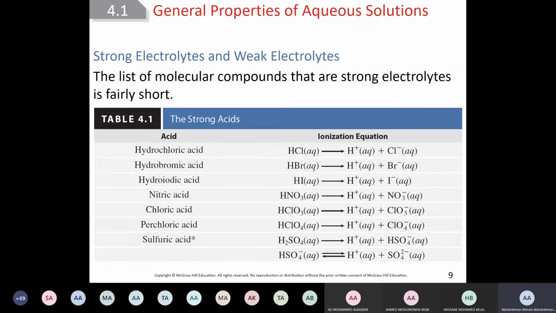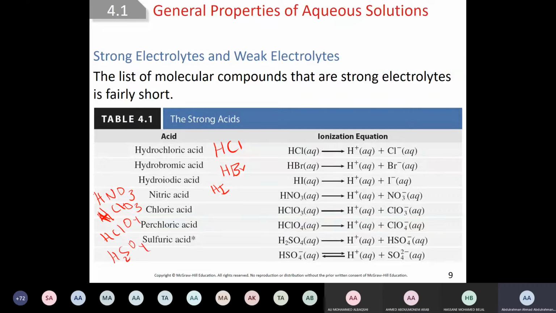are actually hydrochloric acid, hydrobromic acid, hydroiodic acid, okay, and nitric acid, which is a special group, HNO3, chloric acid, HClO3, and then perchloric acid, HClO4, and sulfuric acid, H2SO4.